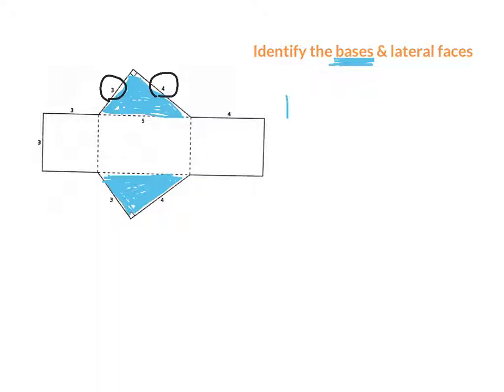So I'm going to label over here on my base. We're supposed to do base times height and then half it, or you can say divide by 2. So my numbers are 3 times 4, and then I want to divide it by 2. 3 times 4 is 12, and half of 12 is 6.